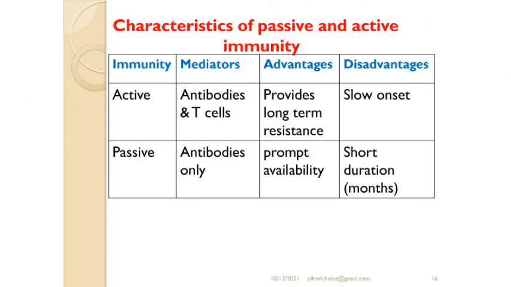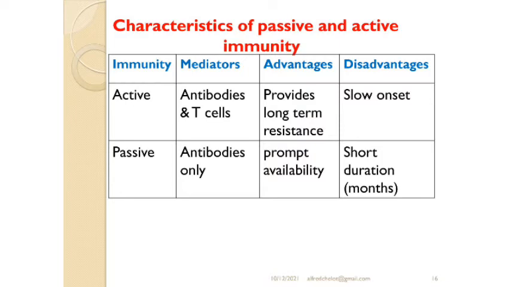The characteristics of passive and active immunity I have summarized in the form of a table here, and we are going to highlight it briefly. We shall discuss this with respect to the mediators, their advantages and their disadvantages. Active immunity is mediated by antibodies and T cells, whereas passive immunity is mediated by only antibodies.